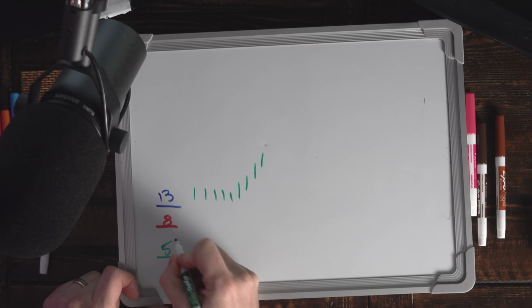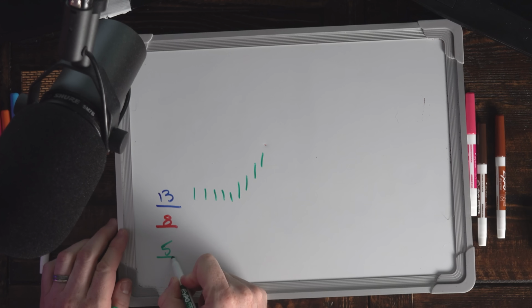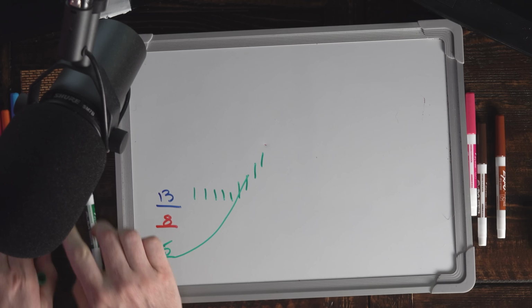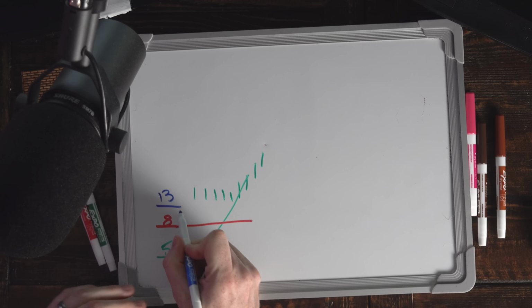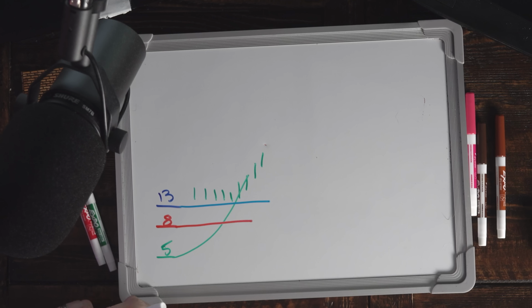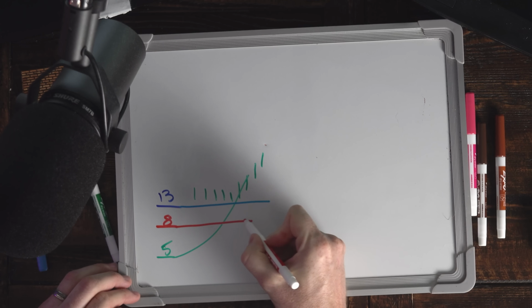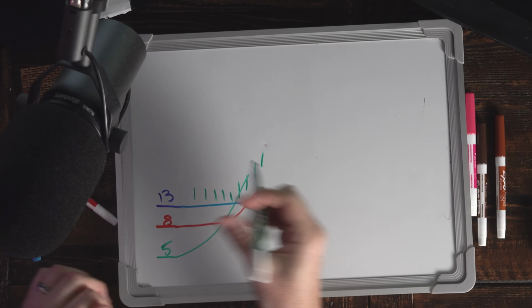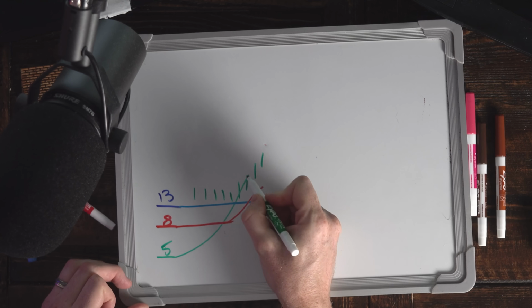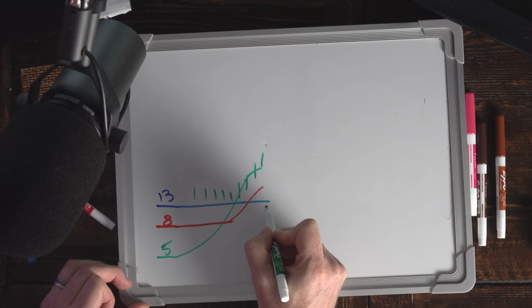The shorter one moves the fastest, so this one jumps up, and you get a crossover where you have green, red, and blue.